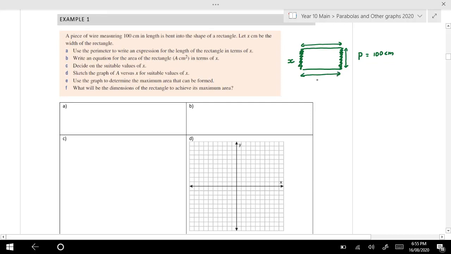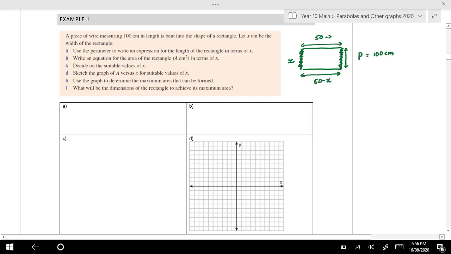So I've got 100, and if I take away 2X, that would be these two here. The rest of it would be 100 take away 2X. If I divide that by 2, that gives me 50 minus X for this one here.